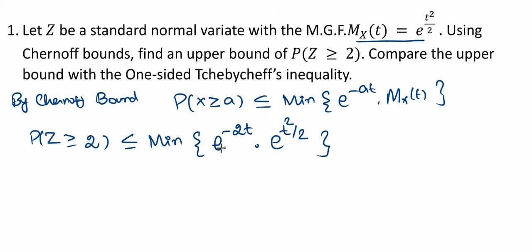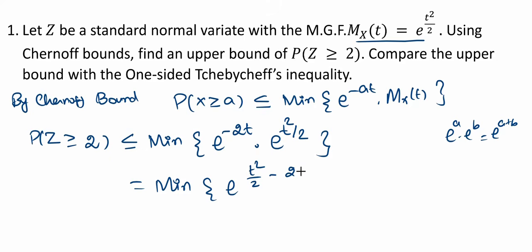So we have two exponential values. We need to keep in mind that e power a into e power b can be simplified as e power a plus b. So this will become the minimum of e power t squared by 2 minus 2t. Now our objective is to minimize this function.